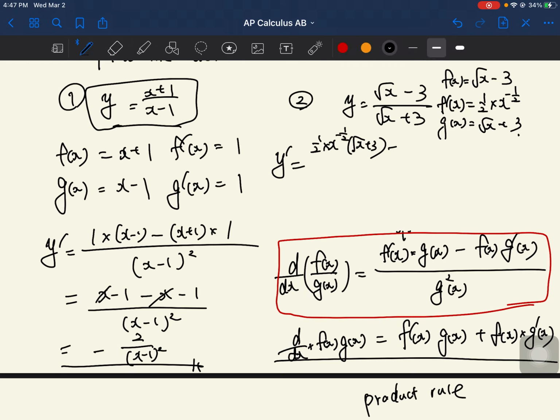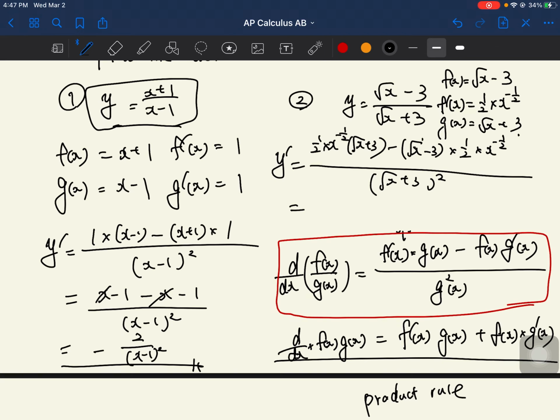minus f of x, square root of x minus 3, times g prime of x, which is the same as f prime of x, 1 over 2 times x to the power of negative 1 over 2, over (x plus 3) squared.